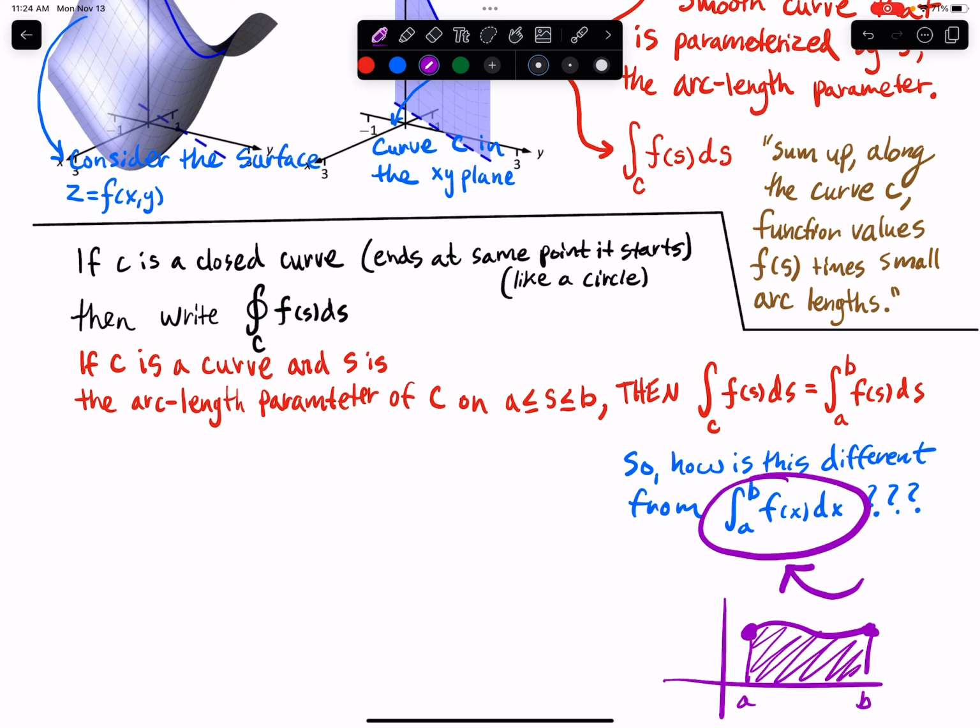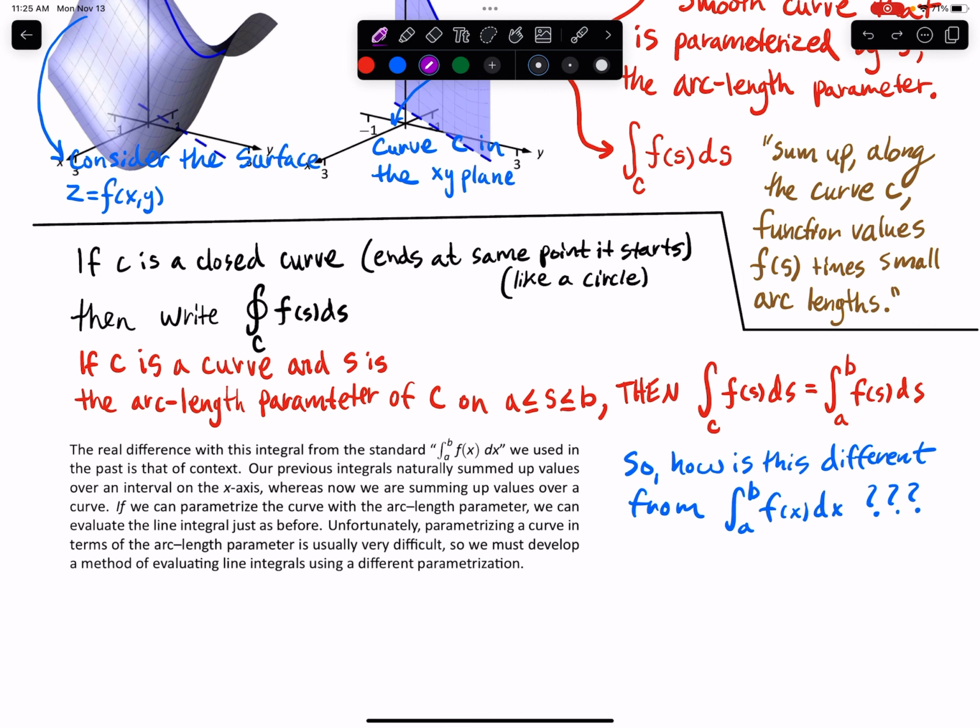Well, the big difference here is instead of having a variable x on that x-axis, we have our variable s, which is the arc length parameter, right? So in a way, it's almost like we're doing that same thing, but now we're not just considering it on that x-axis.